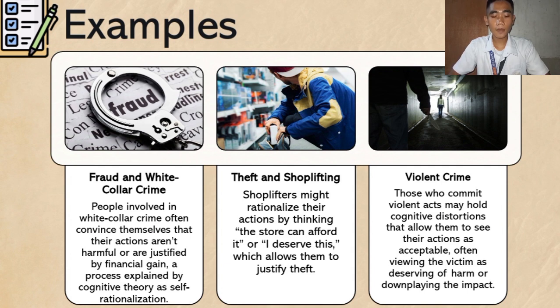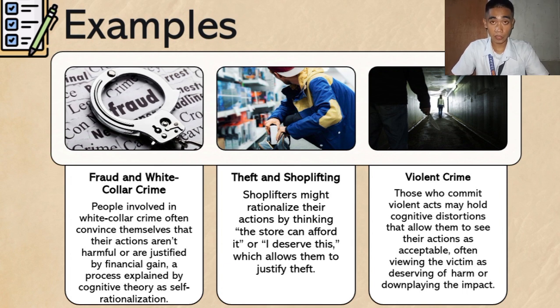The second example of cognitive theory is the thief and shoplifting. Shoplifters might rationalize their actions by thinking the store can afford it or I deserve this, which allows them to justify theft.